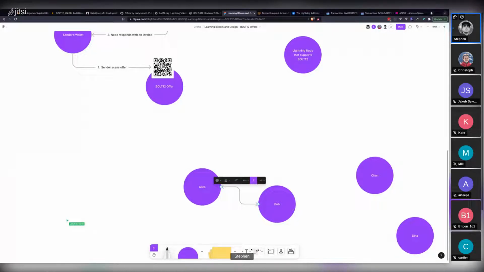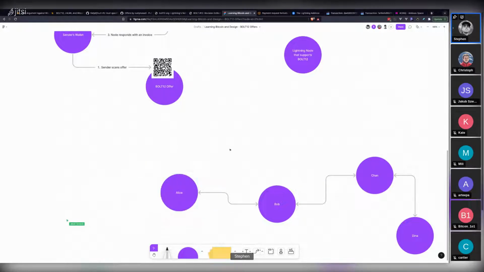If Alice wants to send a payment all the way to Dina, she can route it through Bob and Chan, and Bob and Chan are incentivized because Alice essentially leaves some sats for them as the payment gets routed.